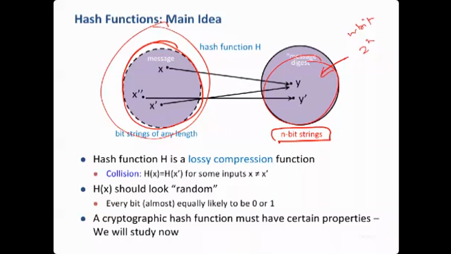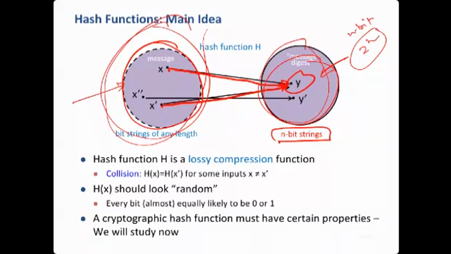So there will be many messages mapped onto the same output. This is a large domain mapped to a small domain. When you are mapping, there will be some collisions, and we call this lossy compression. A collision is when we calculate h of x and h of x dash, and both map to the same y.